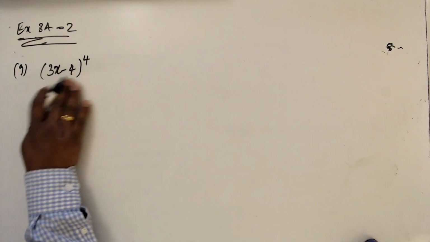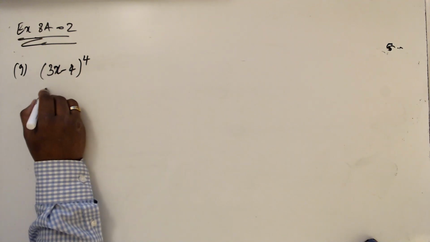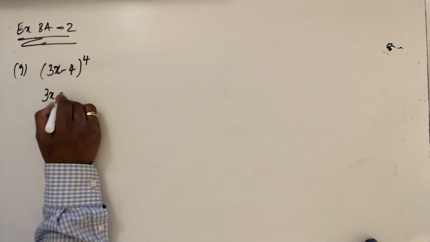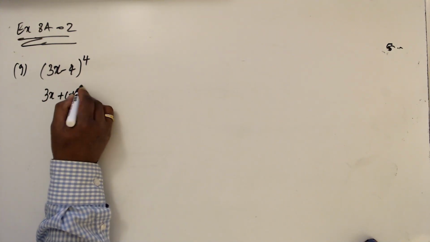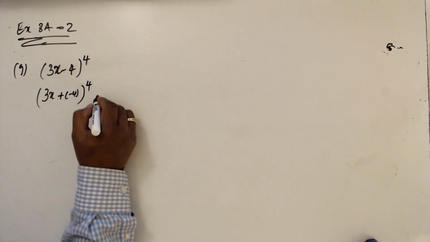Can't put the binomial exponents for this one, so I had to rewrite it as 3x plus minus 4 to the power 4.